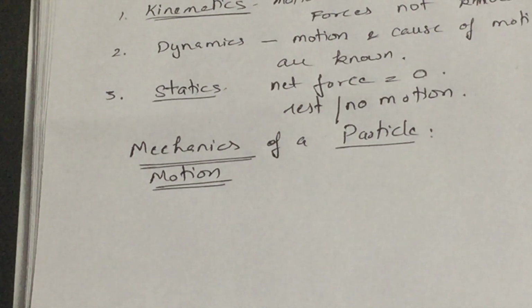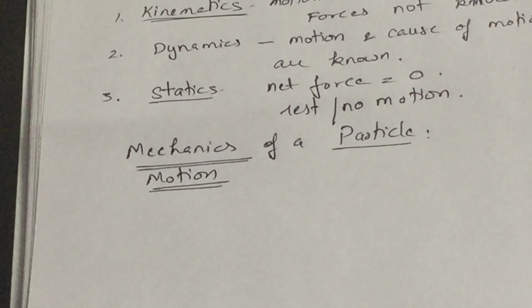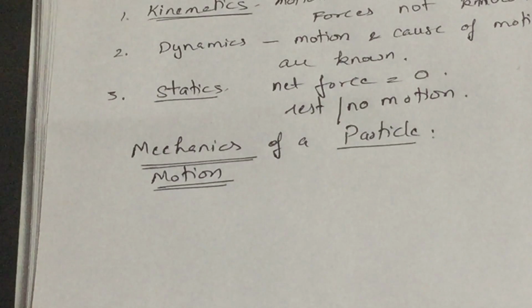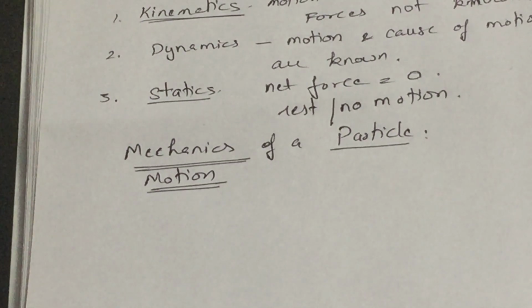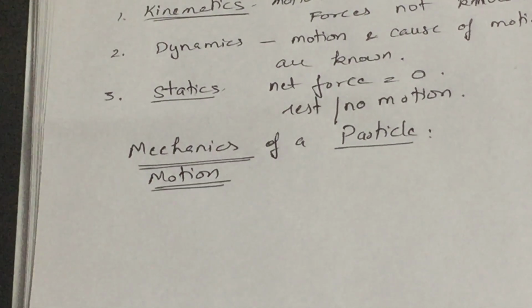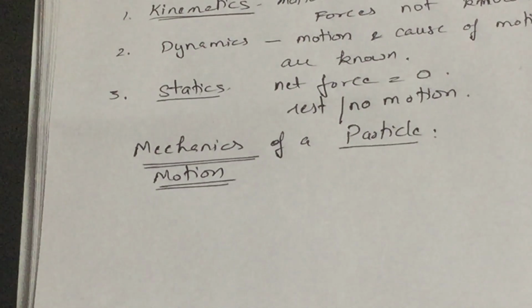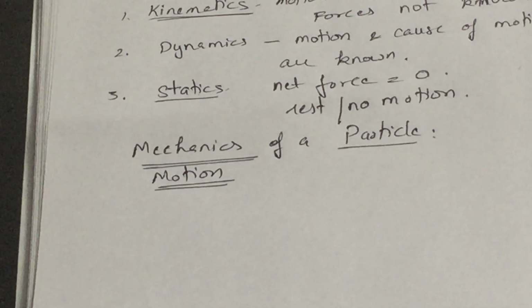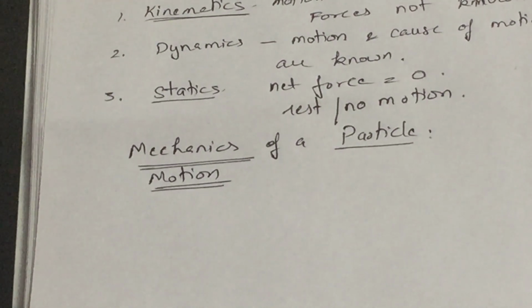We have to discuss its velocity, the force behind the velocity or the motion, the momentum, and when the force is applied, how there is a change in momentum, and how there is a change in acceleration and in velocity of the particle.